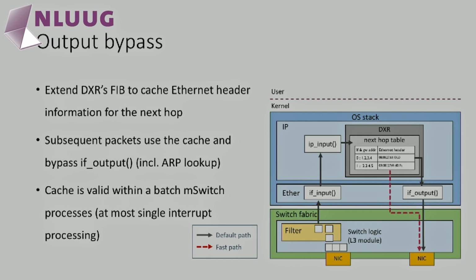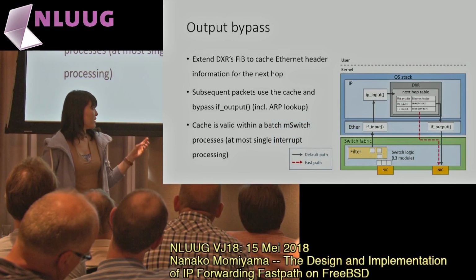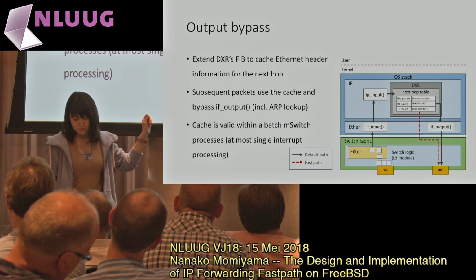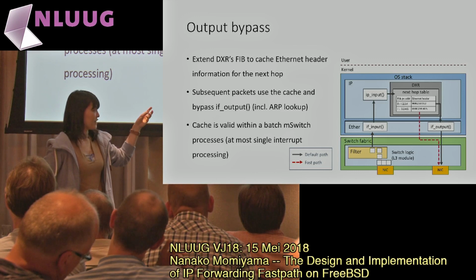And the caches are valid within the batch, because mSwitch is batching packets in the switch fabric layer. So within the batch, this cache is available.